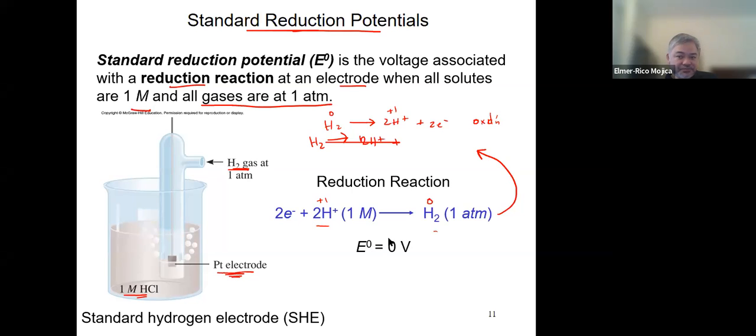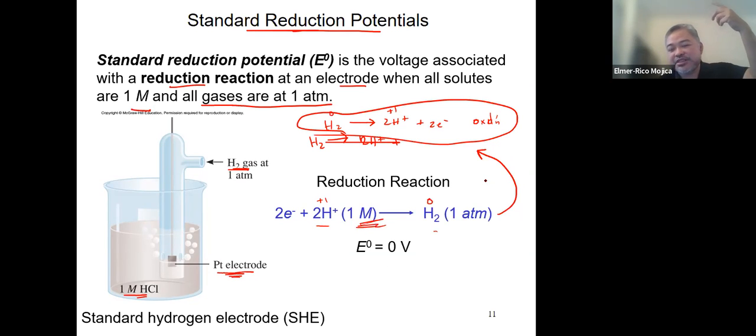if the material has a higher reduction potential, it will be greater than 0. But if the material has lower reduction potential, then it is lower than 0. Because if the material has a greater reduction potential, what will happen? This reaction will become this.